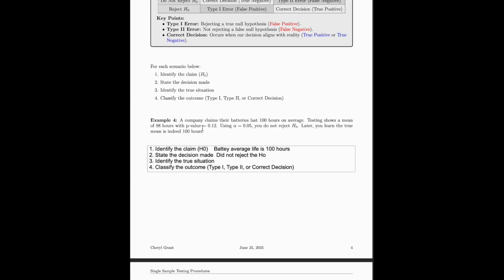Later, we find out that the true mean is actually 100 hours. So, the null hypothesis is true. Now, since we did not reject the null hypothesis, and the null hypothesis is true, we would classify this as a correct decision.